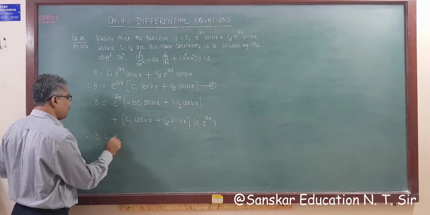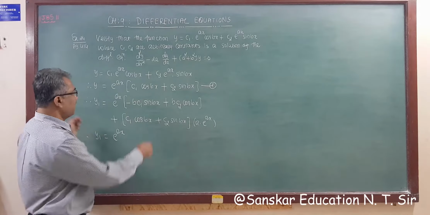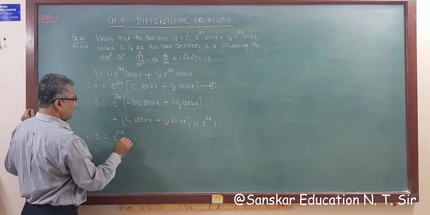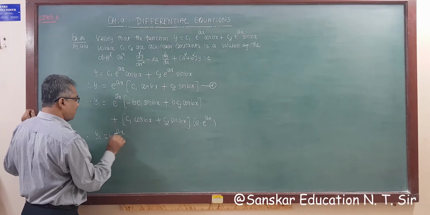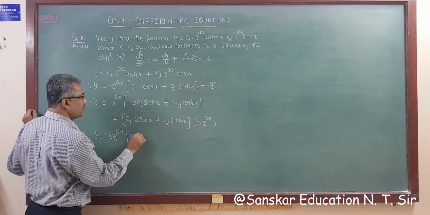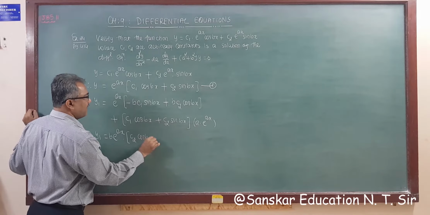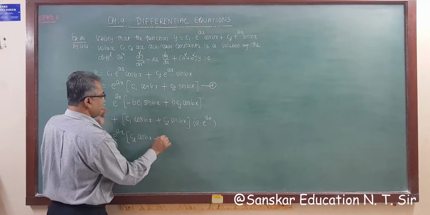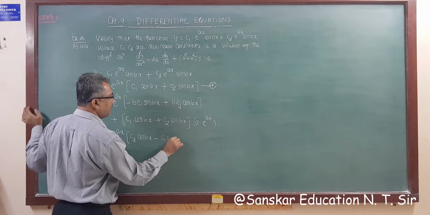Differentiating again, but before that we have to simplify this. So I'm taking b common. The remaining term, writing the positive term first, will be c2 cos bx minus c1 sin bx.